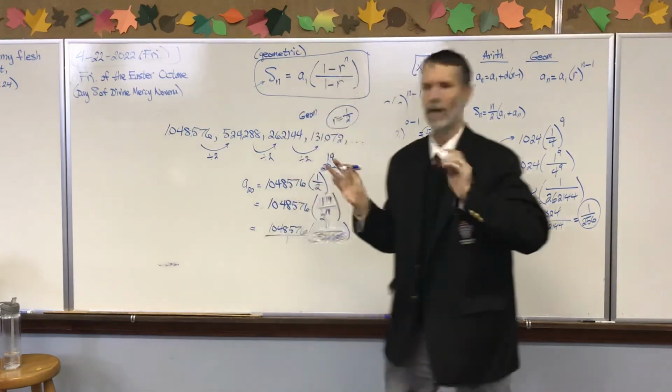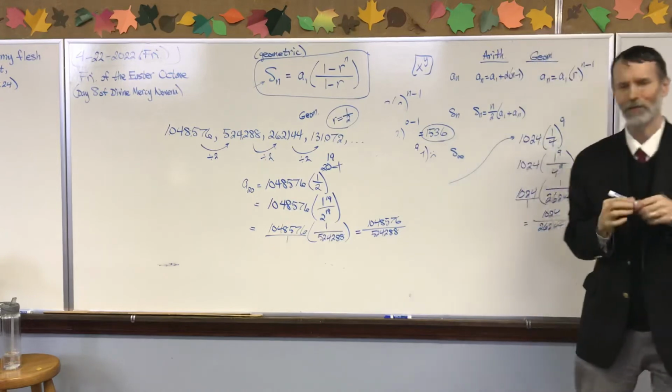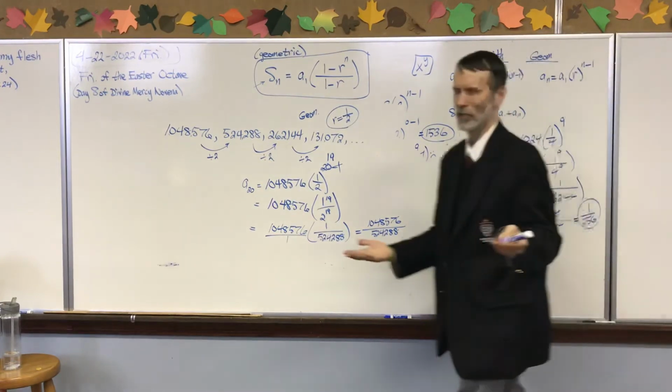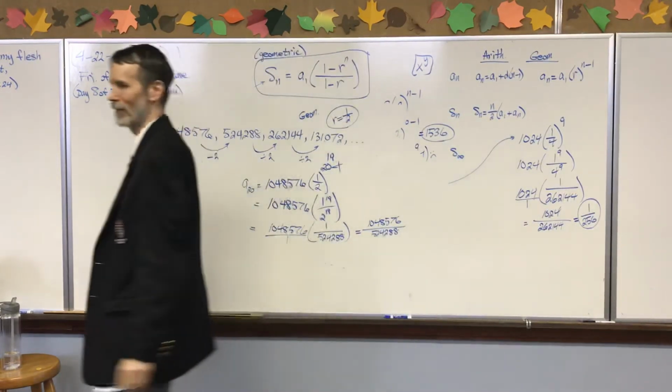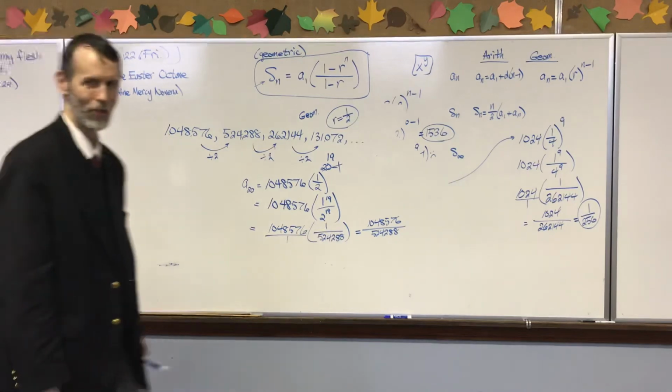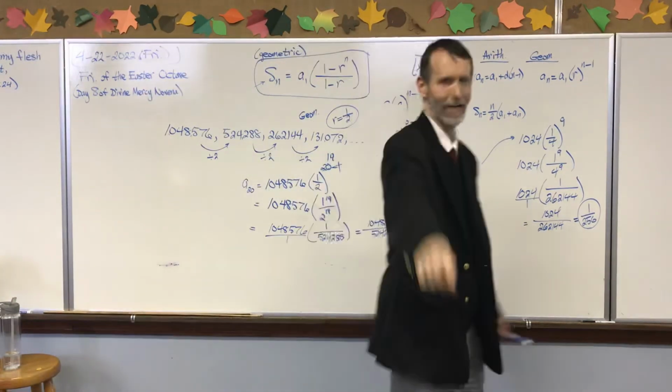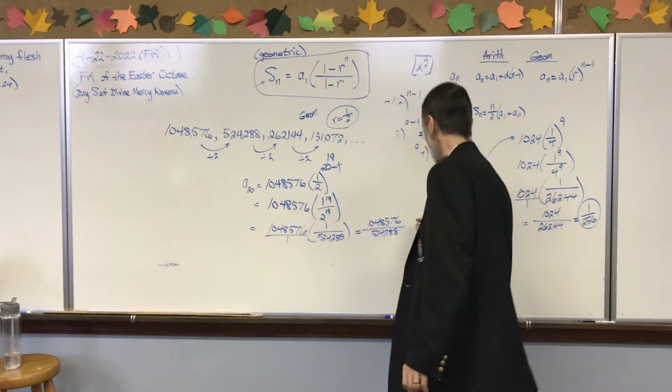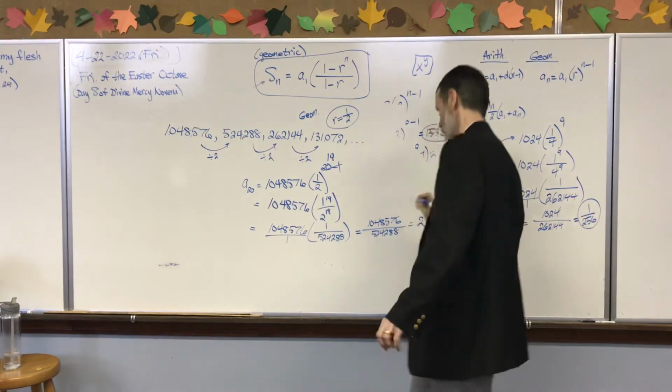Now, if you're super duper lucky, that'll come out as a whole number. If you're not, then it should at least reduce. Okay, math people, tell me what it is. Use your calculator. It's 2. It goes in exactly.